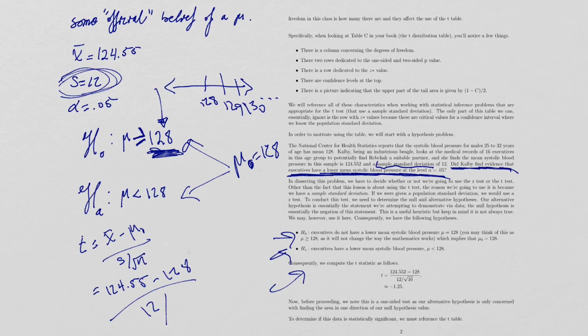And we've got that n, which if we look back here, I forgot to write it down. Sorry about that. We've got that n of 16 individuals. We've got the square root of 16. And just using a calculator and rounding to the hundredths, we find that this is negative 1.25. Okay.